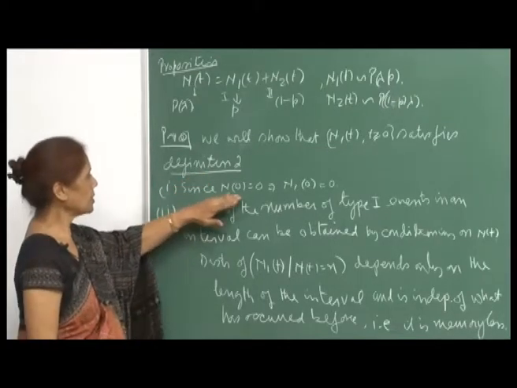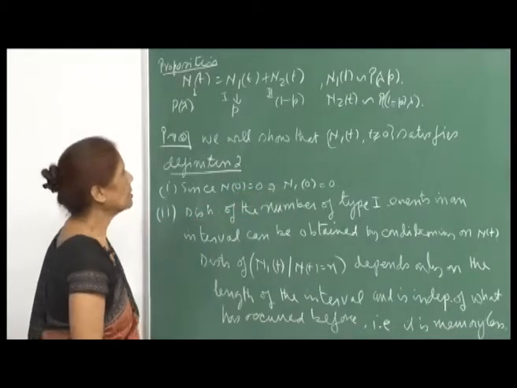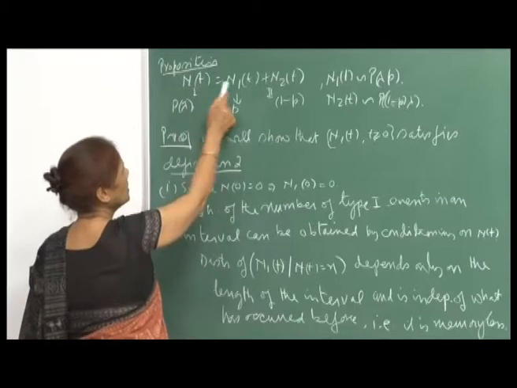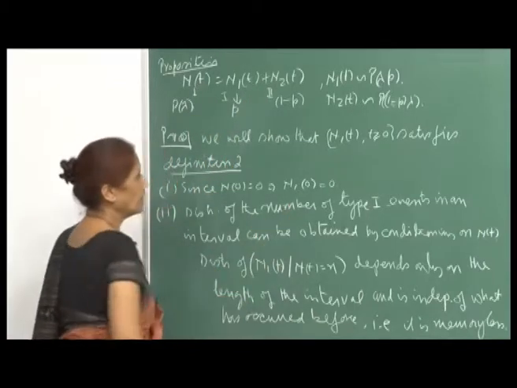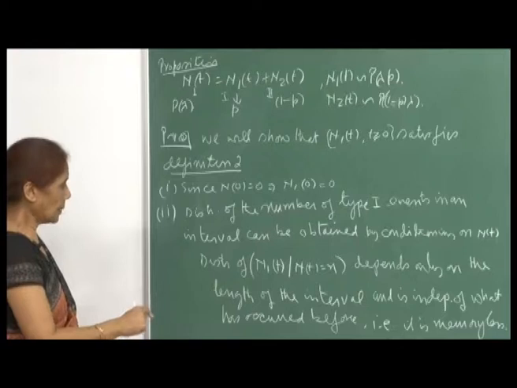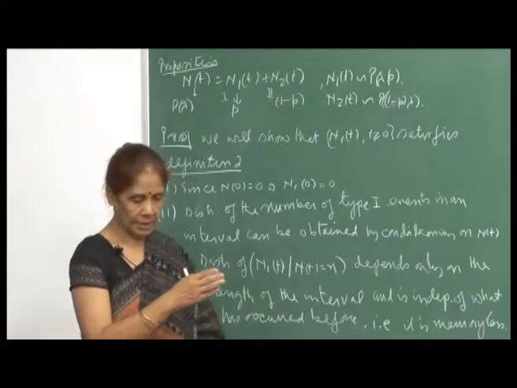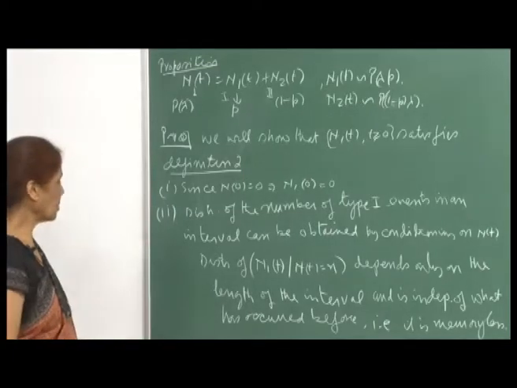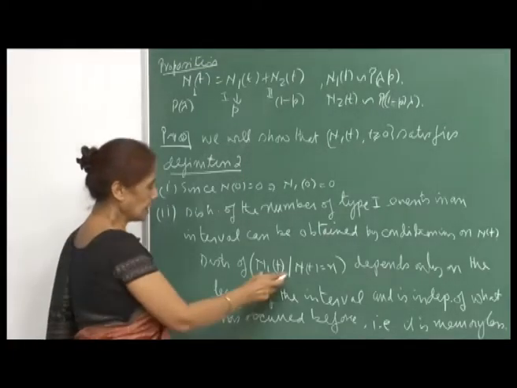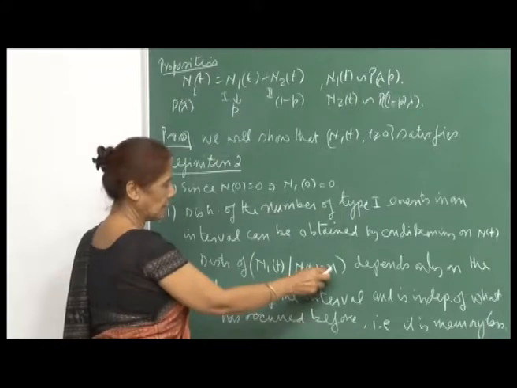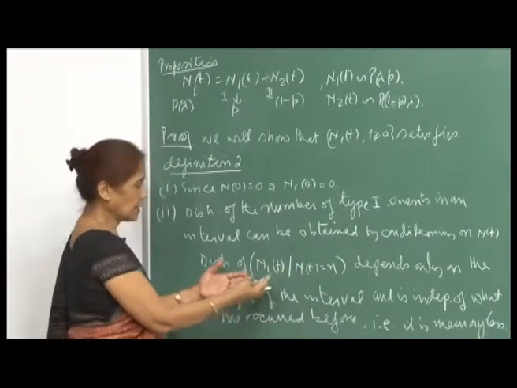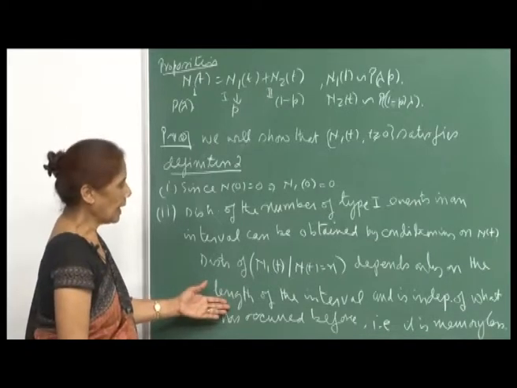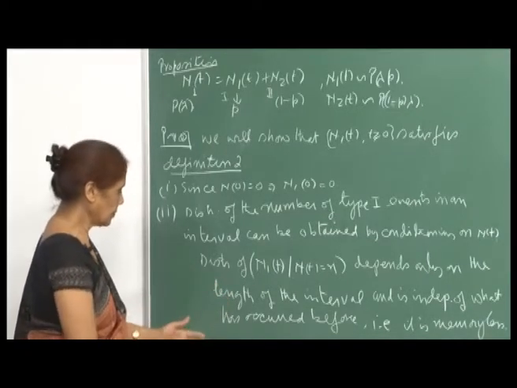Since N(0) is 0, this implies N1(0) is 0, because your N(t) is N1(t) plus N2(t). If this is 0, then both of them must be 0. So, N1(0) is 0. Now, the other part is independent and stationary increments, which can also be easily seen, because if I condition by fixing N(t) equal to n, then the arrivals here only depend on the length of the interval and are independent of what has occurred before.